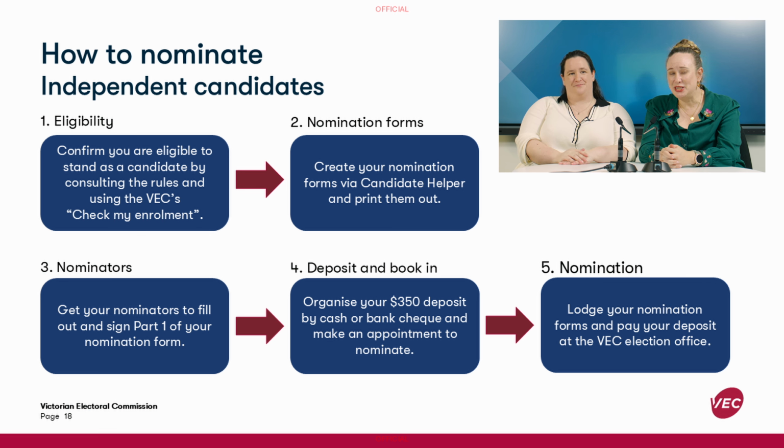You can book your nomination appointment by calling the VEC Candidate Services team on 03 86 20 1316 before nominations open, or directly with the election office on the first day of the nomination period. Phone numbers for the election office will be listed on the VEC website. You cannot submit your nomination form online or by email.